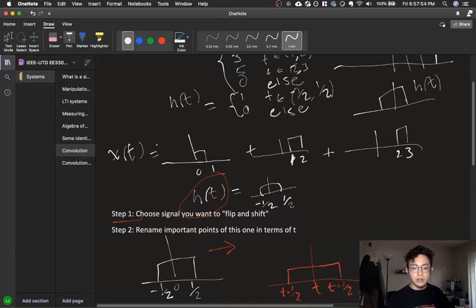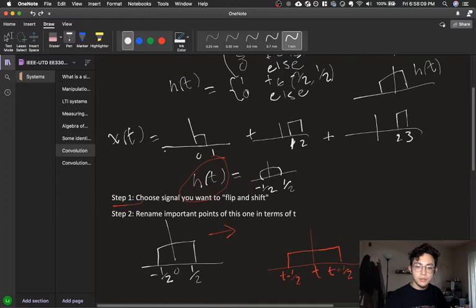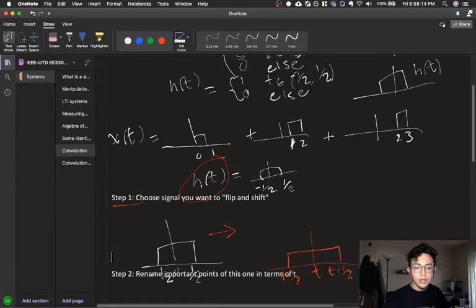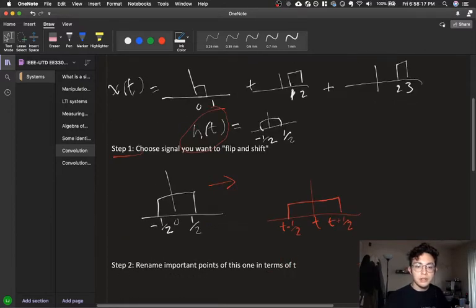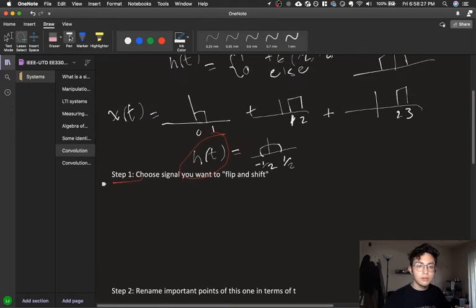So like the y of t here, we can use the distributive property.